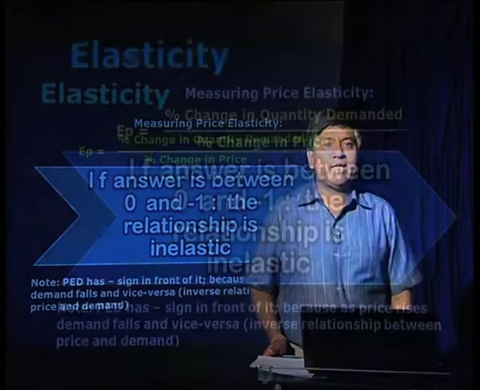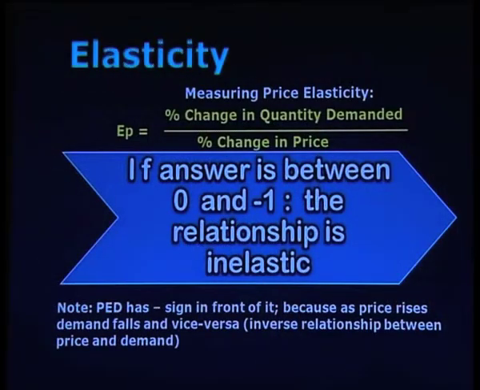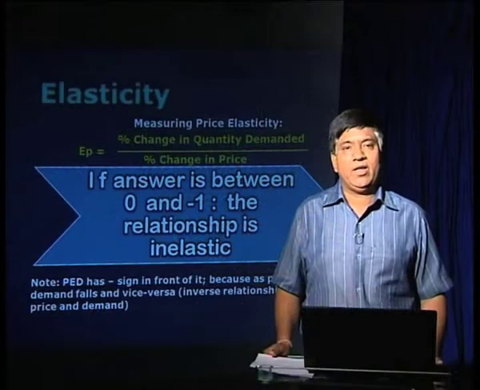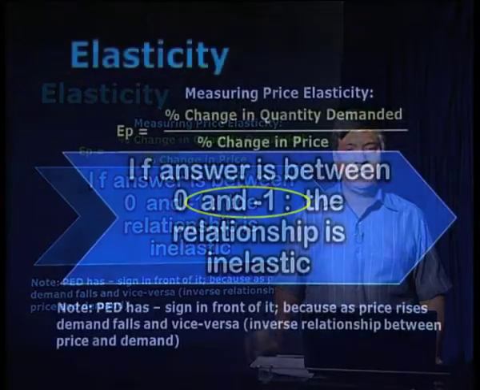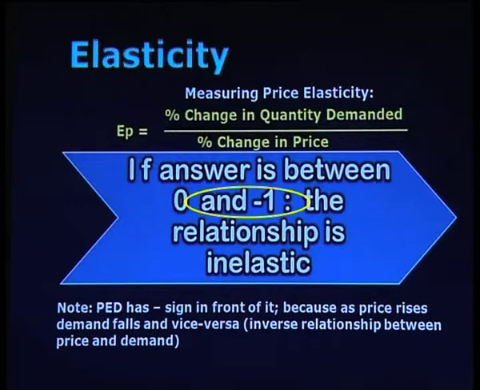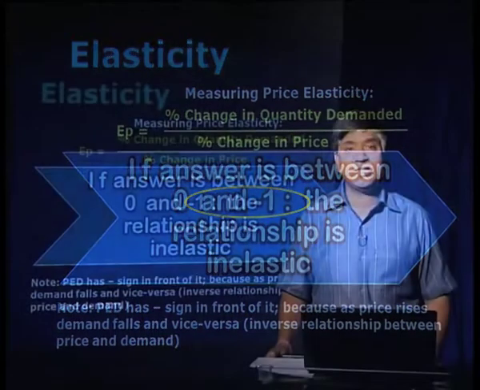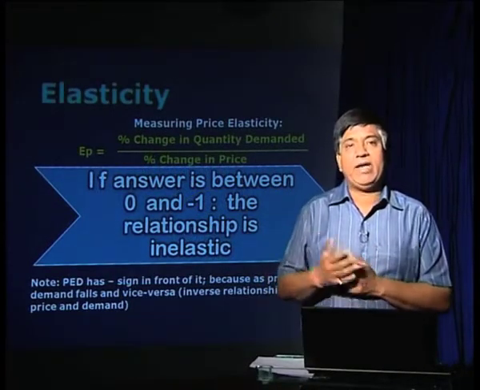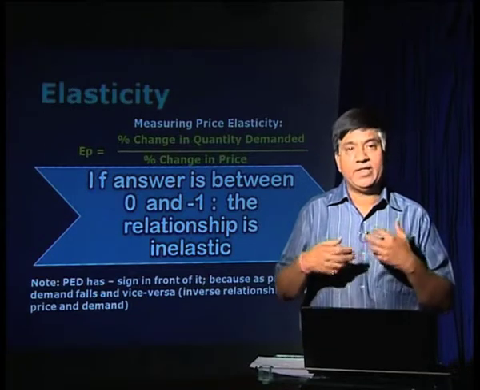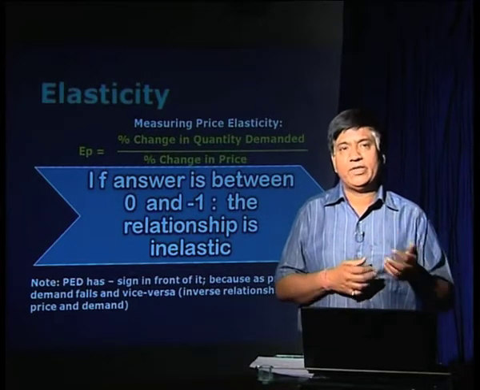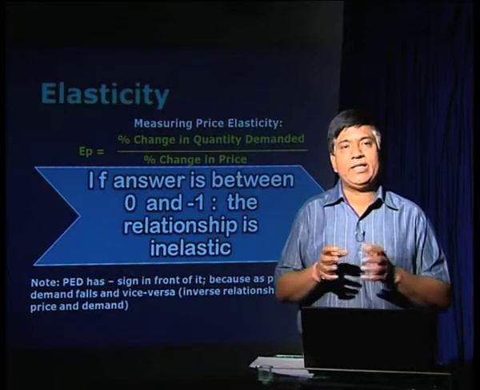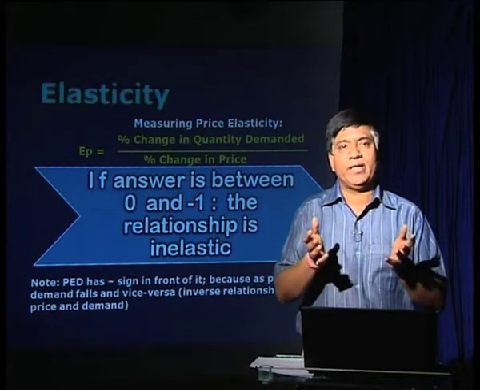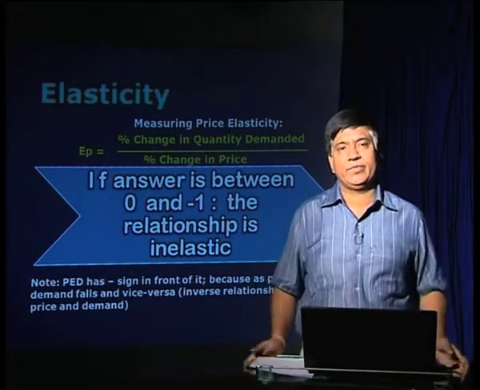Now, if the answer is between 0 and -1, the relationship is inelastic. It is very interesting to note this minus sign before price elasticity of demand, because as price rises, demand falls and vice versa. That means when the price falls, demand rises, meaning both price and demand move in opposite directions.